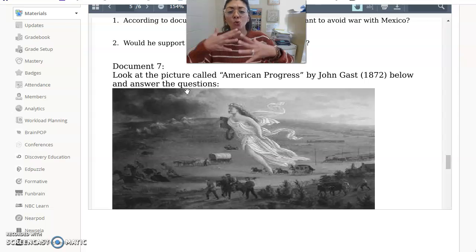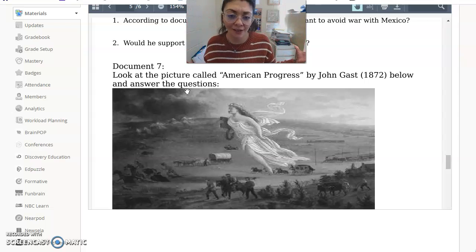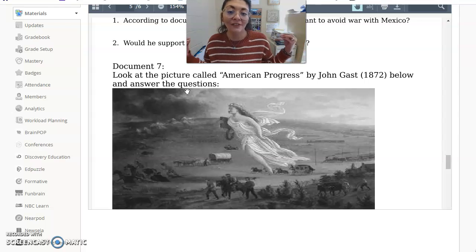We know that this is a glorified depiction of Manifest Destiny being divinely inspired, and the good of America is being brought to the bad of the West, and progress and civilization advancements being brought to the West through Manifest Destiny technology.